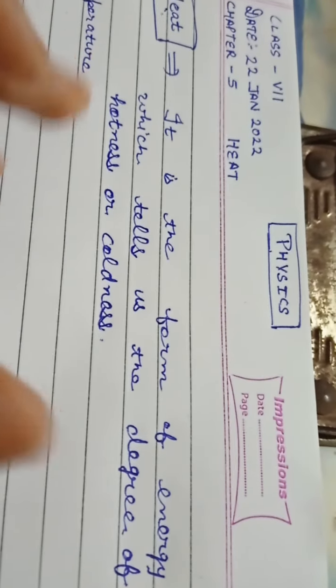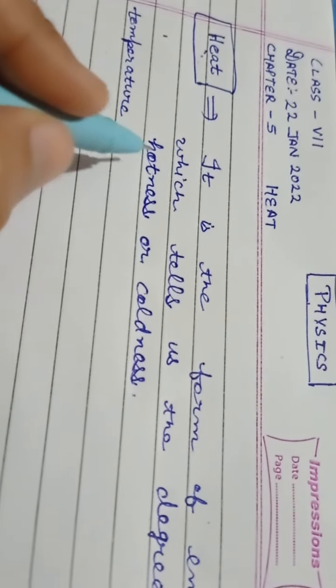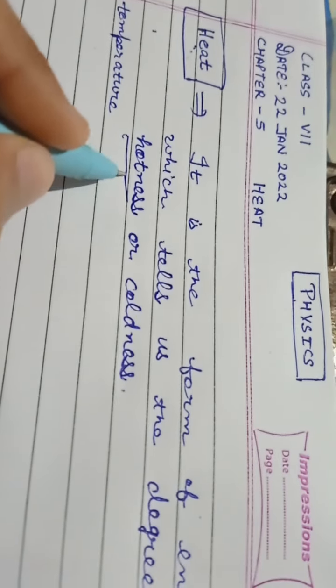Right, students? It's a very easy definition, very easy to learn. What is heat? It is the form of energy which tells us the degree of hotness and coldness.